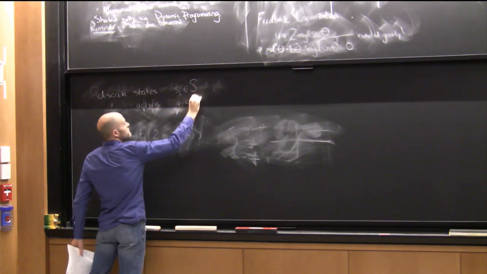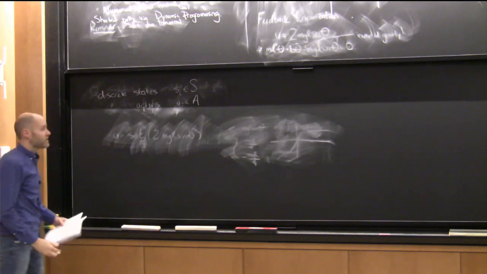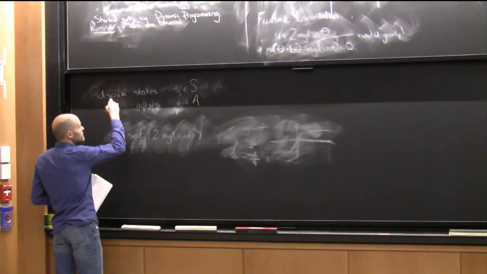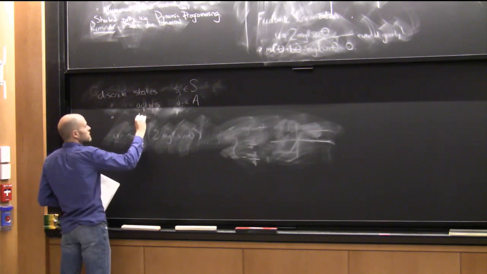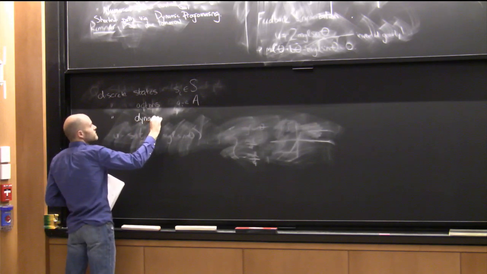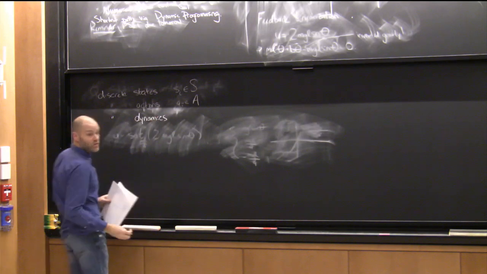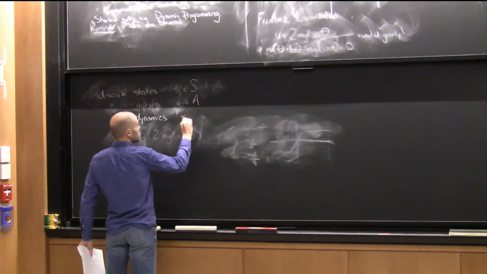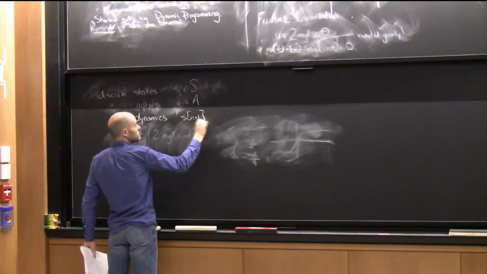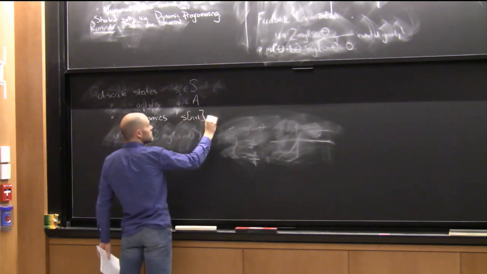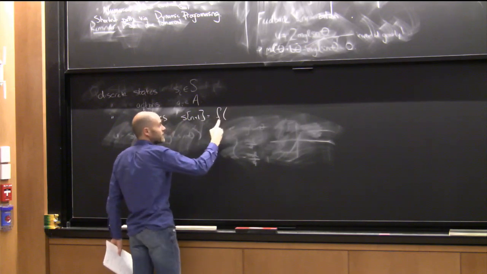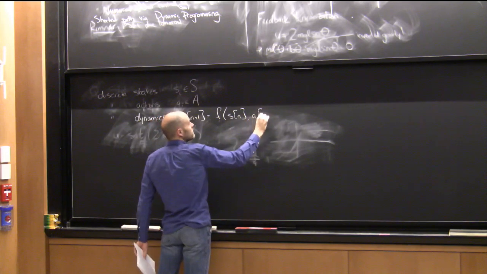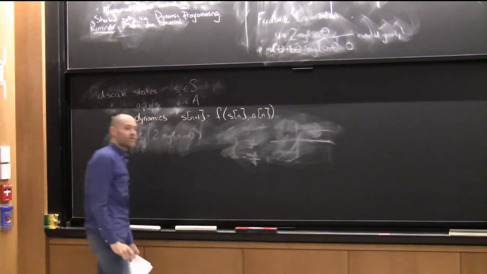I'll call them A, a discrete set of them in the family A. I have discrete dynamics, where I always wrote x dot equals f of x, u. Today we'll do S n plus 1, so this is now discrete time. This is my dynamics from wherever I am at time n, and whatever action I've taken at time n.